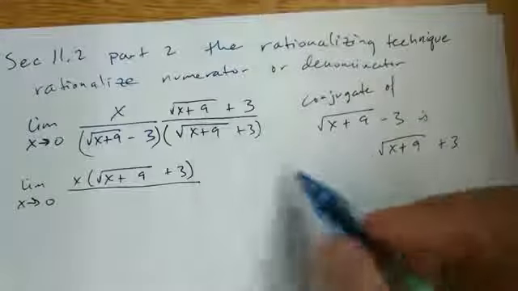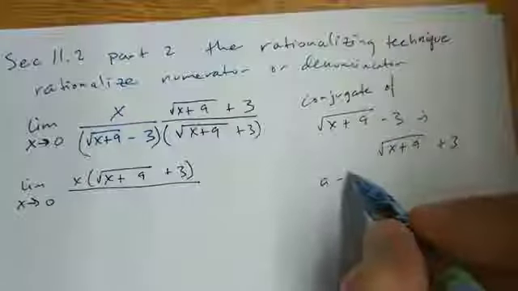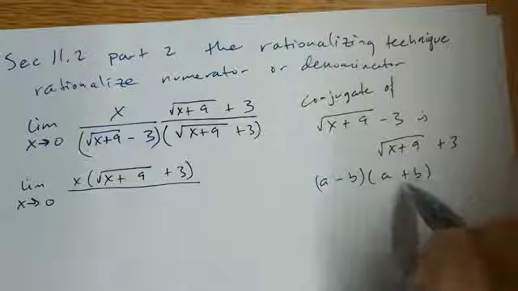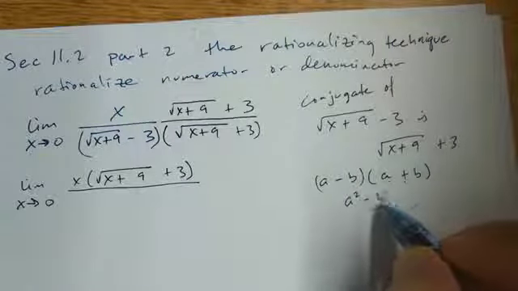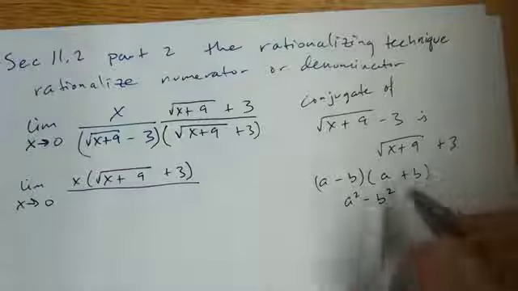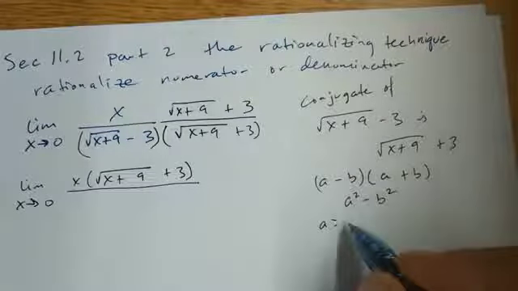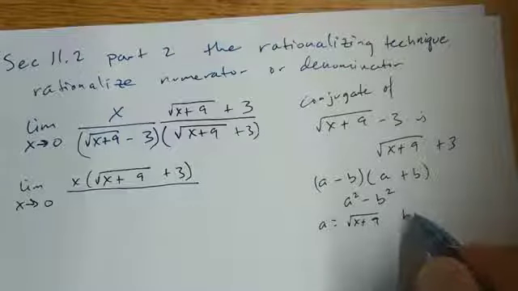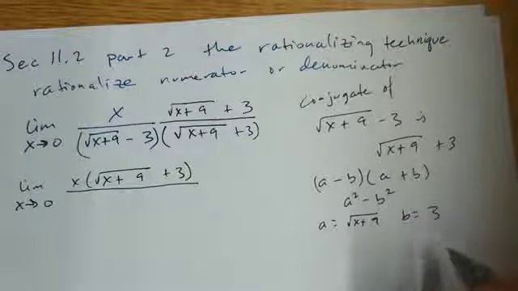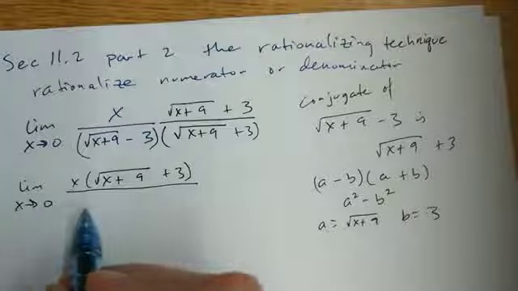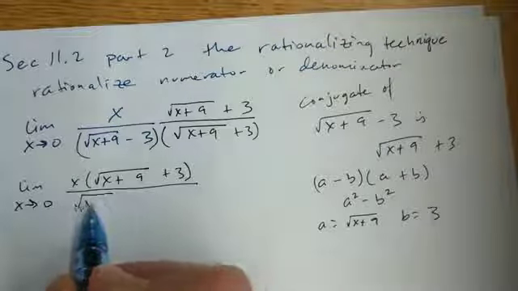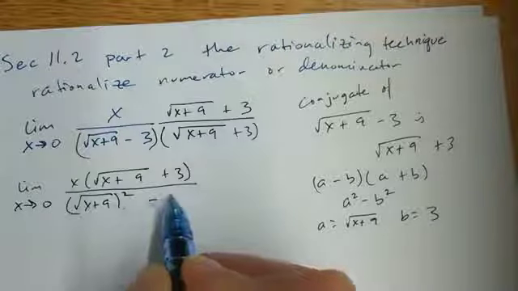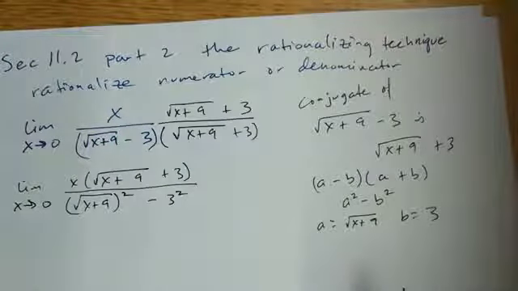Notice that we've got this a minus b times a plus b formula, which we know gives us a squared minus b squared. In this case, a is equal to the square root of x plus 9, and b is equal to 3. So we will get over here the square root of x plus 9 squared minus 3 squared.